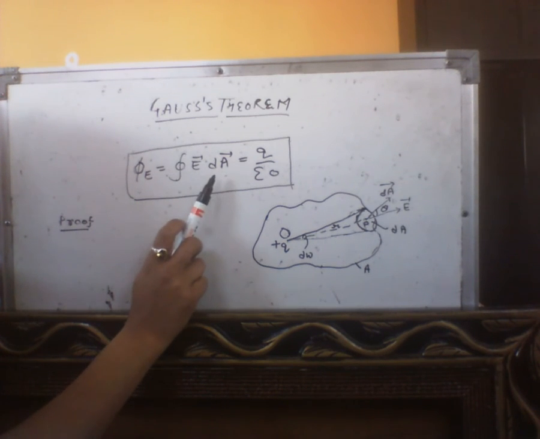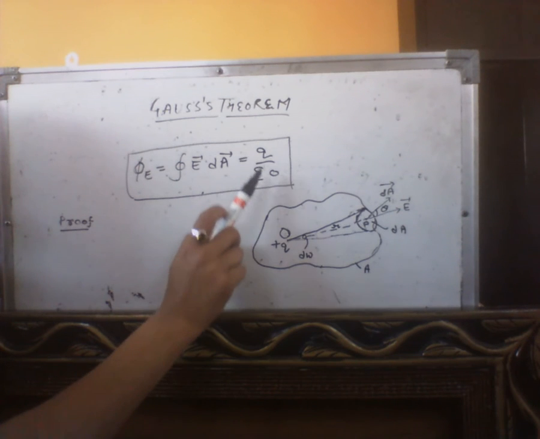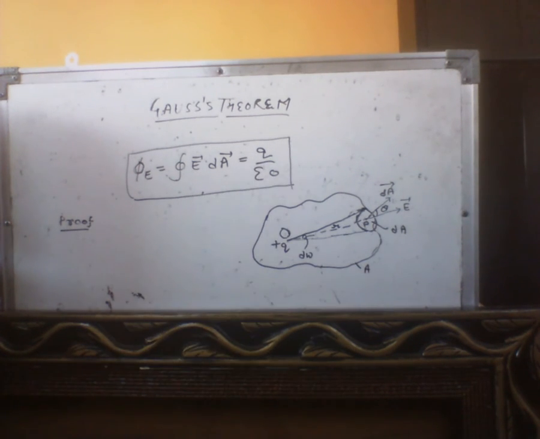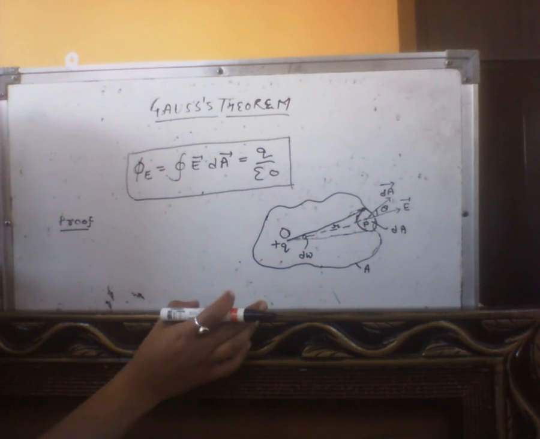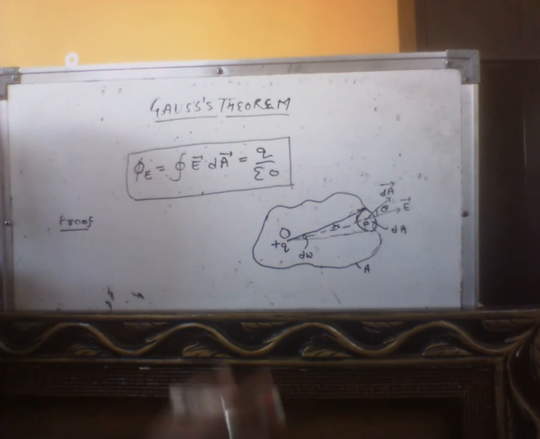This is called electric flux, and it is equal to 1 upon epsilon naught times the total charge contained by that closed surface. Epsilon naught is here the permittivity of free space.